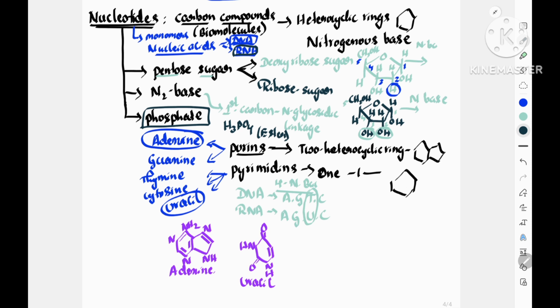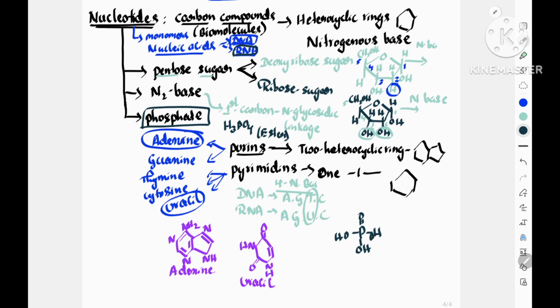I'll write the complete structure of one nucleotide later. And here is the structure of phosphoric acid. H3PO4: P double bond O, OH, OH, and here one more OH. So that is the structure of phosphoric acid.